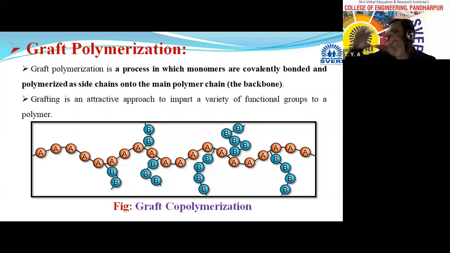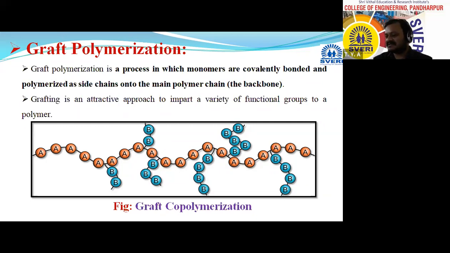An A monomer chain will be there and it will act as the backbone, and small chains of B monomer are stitched to that backbone. This is termed graft polymerization.